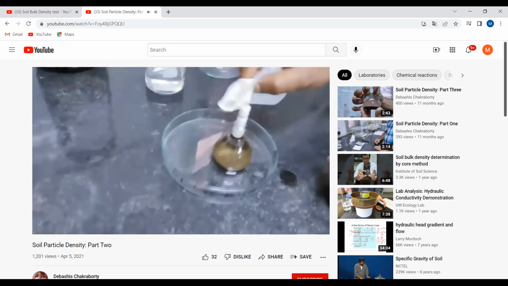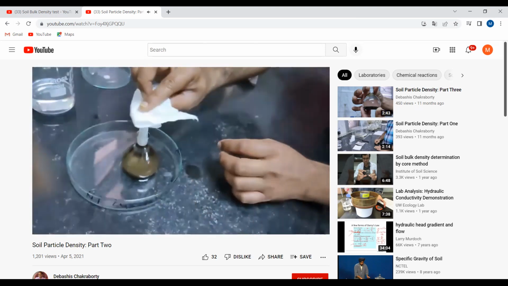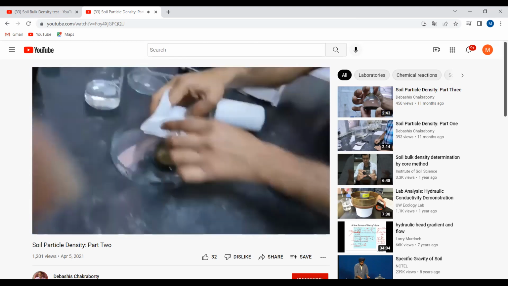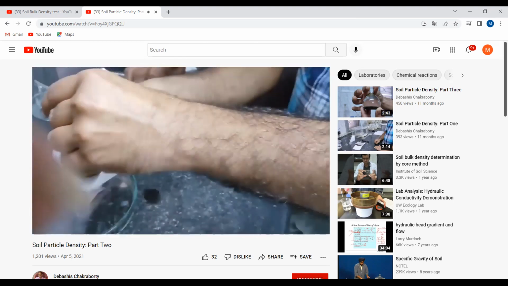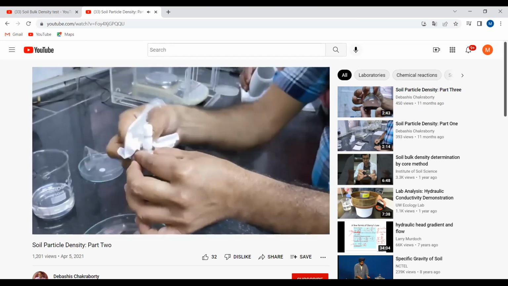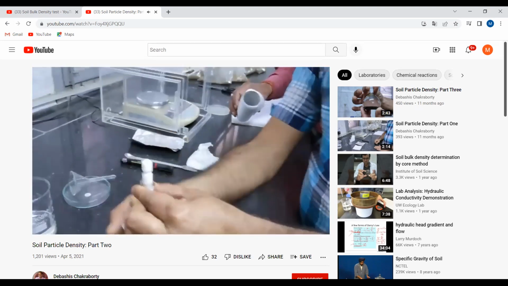Take it out and then wipe it properly, not like this. Wipe it properly, fully. So he's wiping it completely. Now you can take the weight.